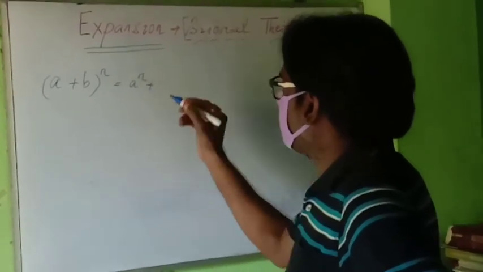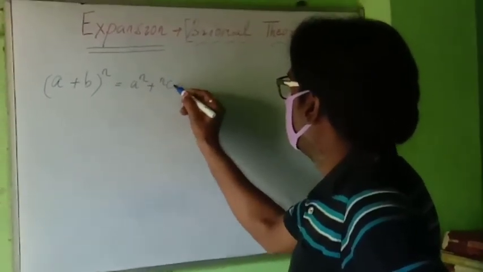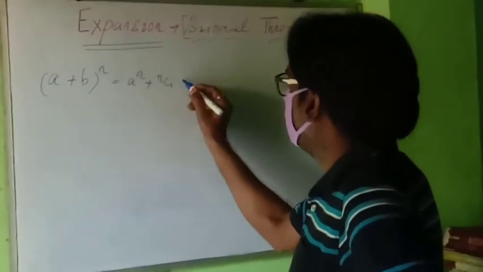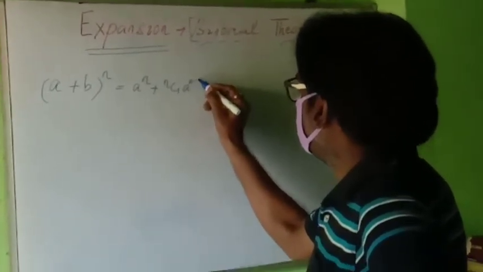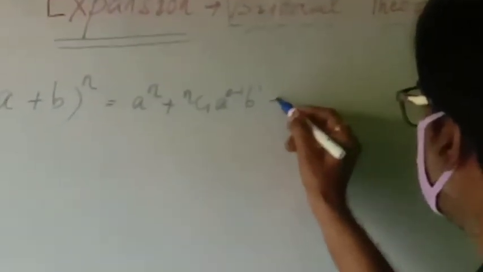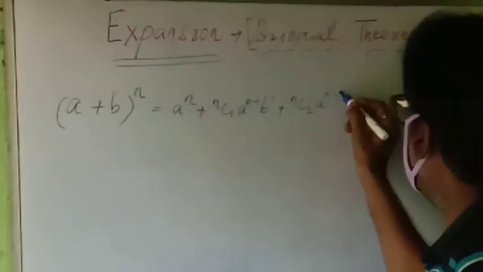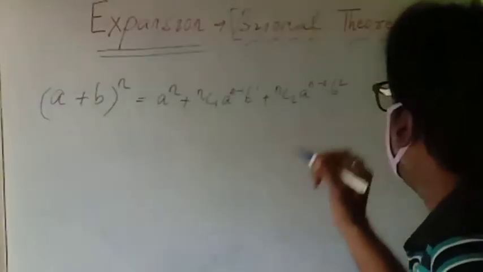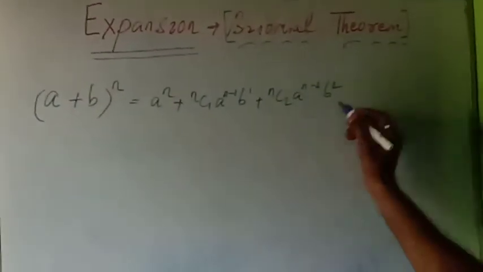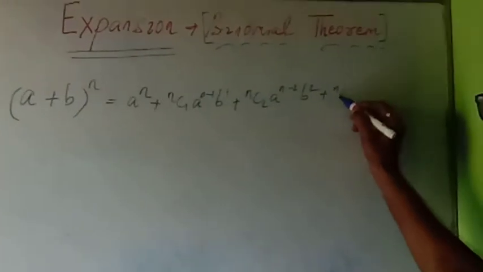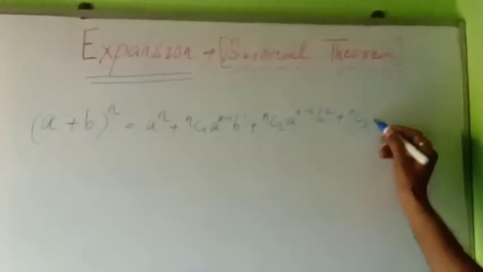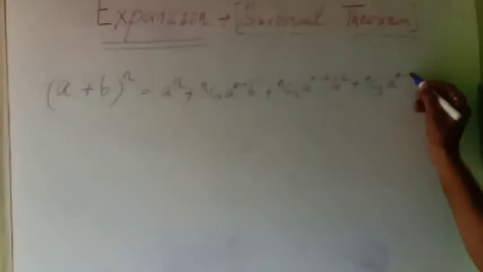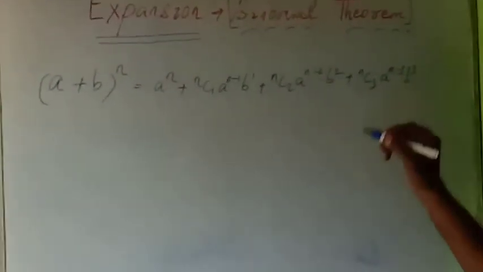Next it will be nC1, and I will tell what nC1 is. nC1, a to the power n minus 1, b to the power 1. Next it will be nC2, a to the power n minus 2, b to the power 2. Next it will be nC3, you just have to memorize the order: nC3, a to the power n minus 3, b to the power 3.